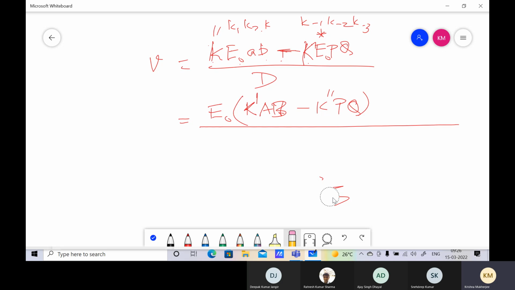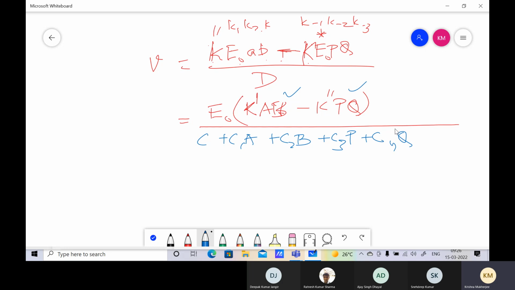because the denominator, unlike the numerator, which contains AB terms and PQ terms only, the denominator contains everything. It contains a constant C plus C1 A plus C2 B plus C3 P plus C4 Q. I hope you understand that.